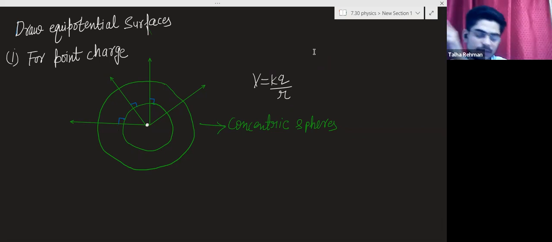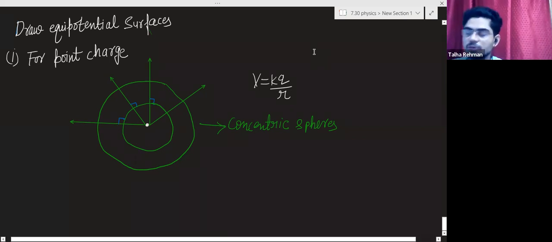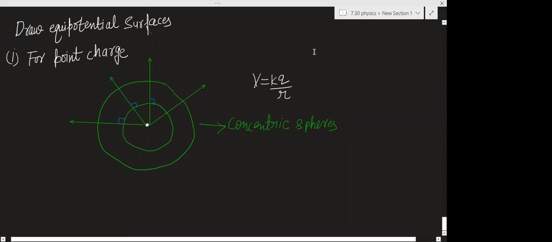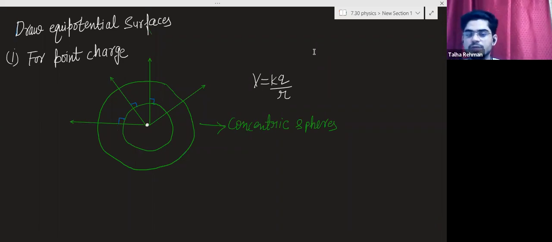And in the next class, I will discuss the equipotential surfaces due to a dipole or due to two positive charges. Please note it down.